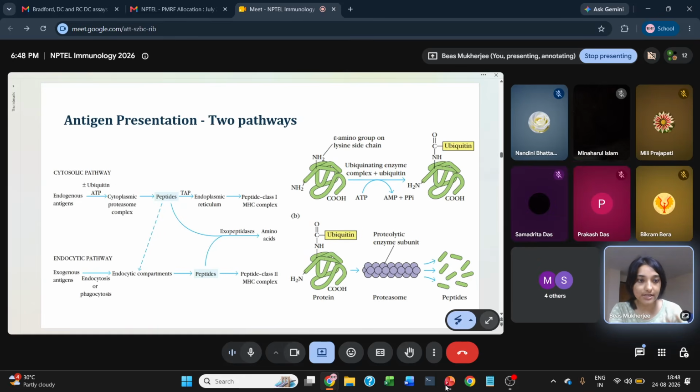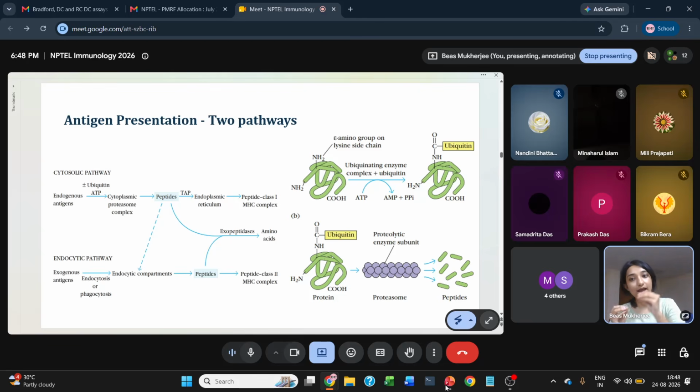Now, to understand this visually, you see these endogenous antigens are there. Ubiquitin comes and sits on them, and basically what happens is it is taken for degradation inside the proteasome, and there it is degraded into peptides.